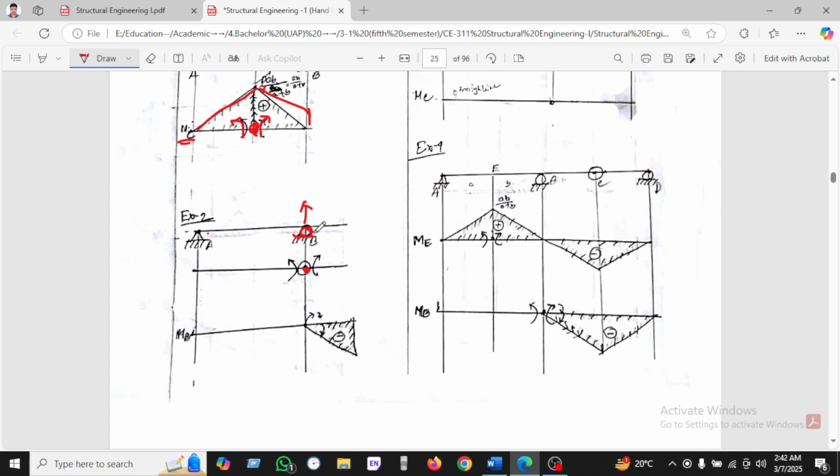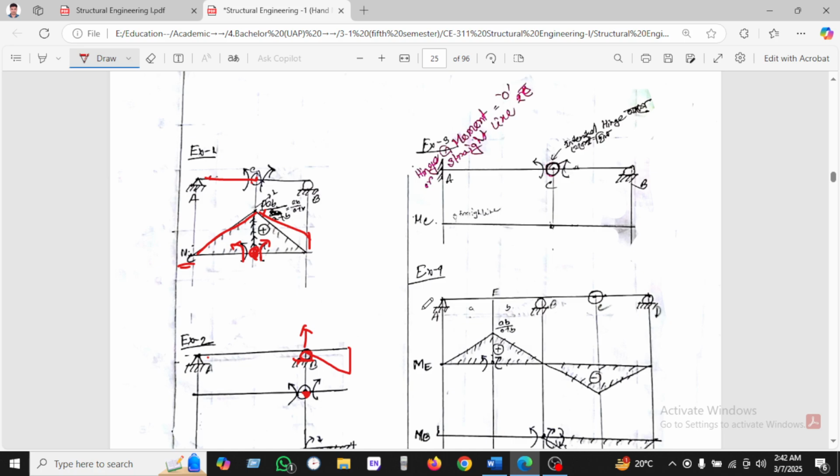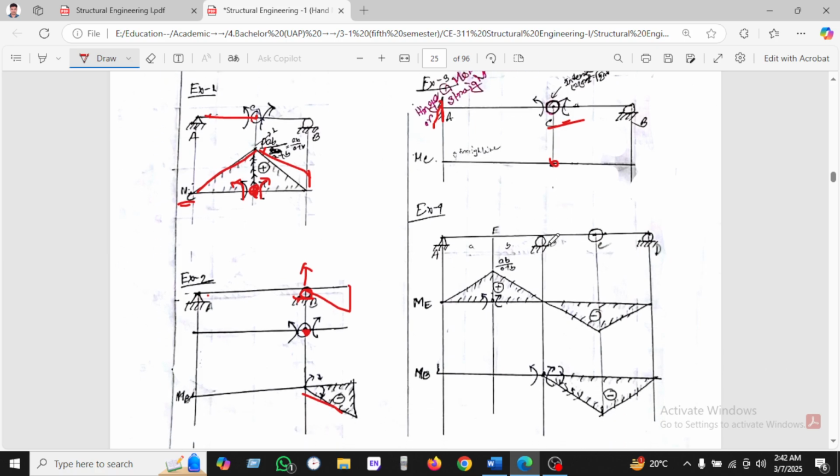Rather, it can deflect in that position in this way. That's why this is the exceptional case. As we have seen, the fixed support is here, that's why the segment will not occur.